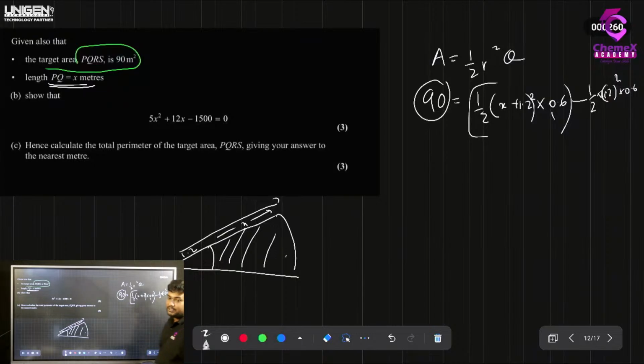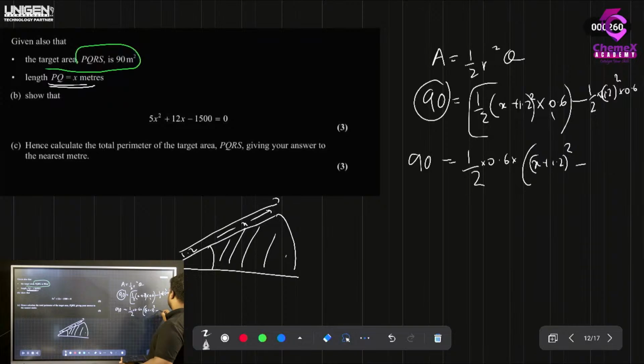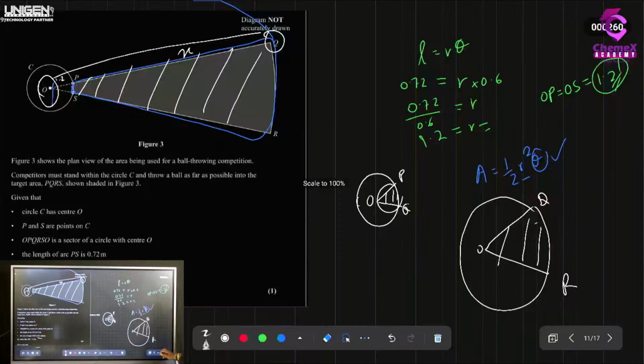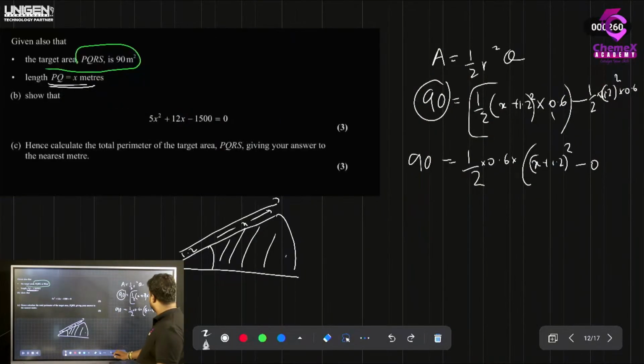Now if you are smart in maths, you can just take the common terms out. How? We can take half and 0.6 outside. Then (x plus 1.2) entire thing squared minus, sorry, 1.2 squared.